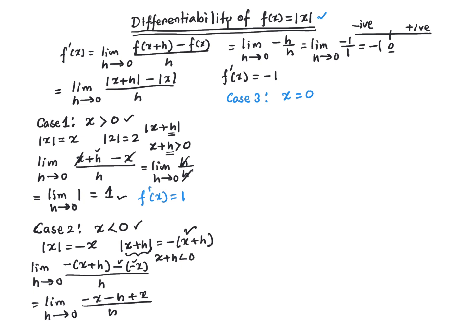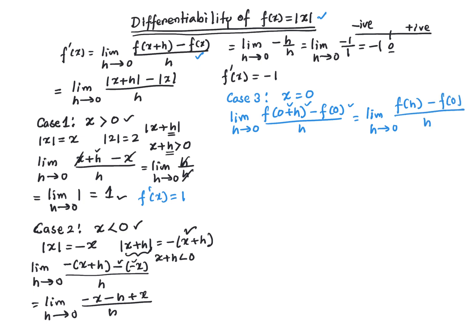So this limit becomes the following. We have f of 0 plus h minus f of 0, which, by the way, is something very simple. Limit h approaches 0, this becomes f of h minus f of 0, all of it divided by h.